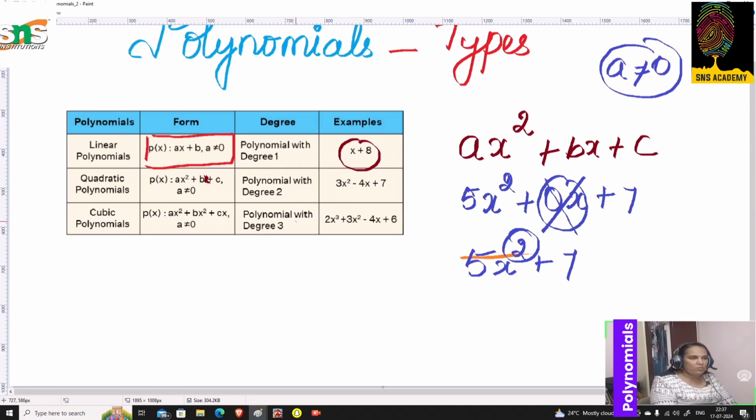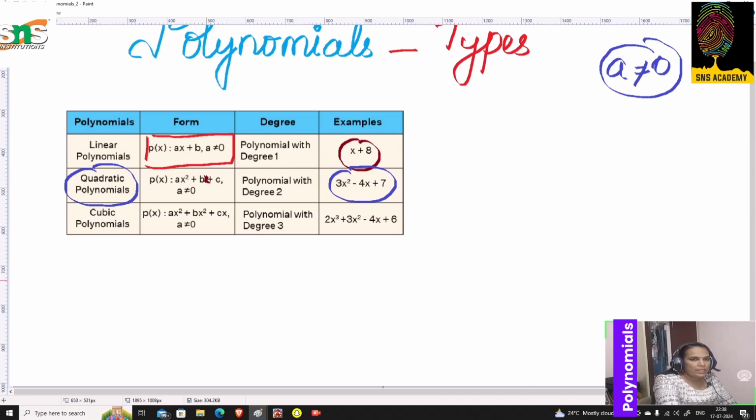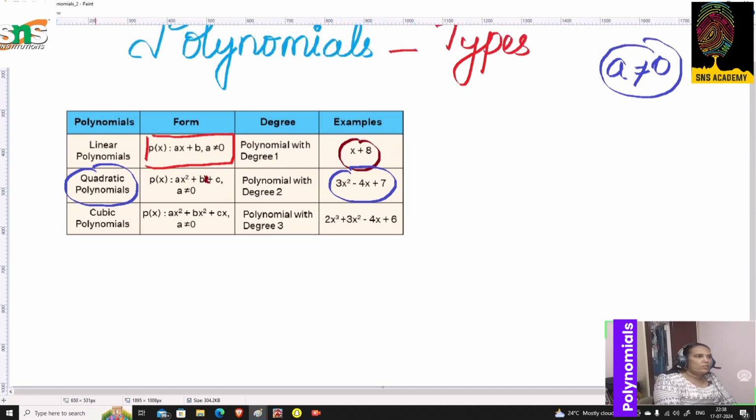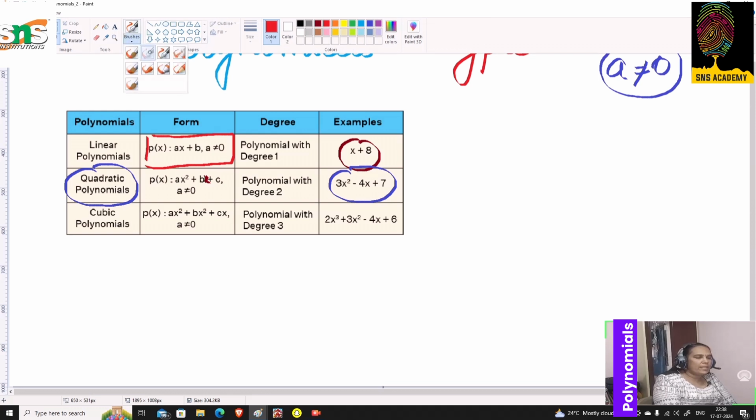If the highest power of the particular polynomial is 2, we call it a quadratic polynomial. For example, 3x square minus 4x plus 3. It is not necessary that all three terms should always be there. Even one term is also a quadratic polynomial.